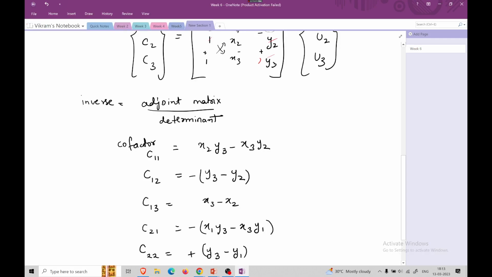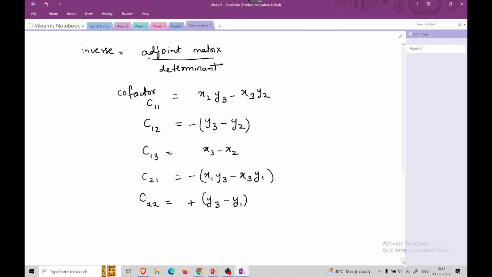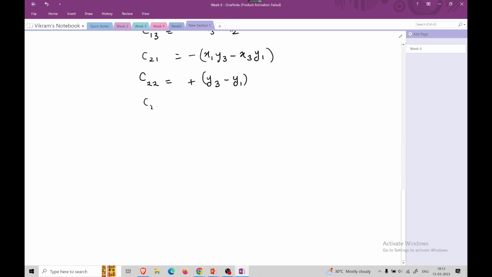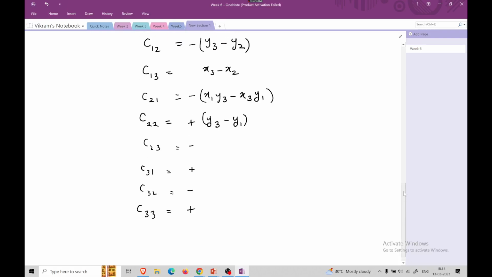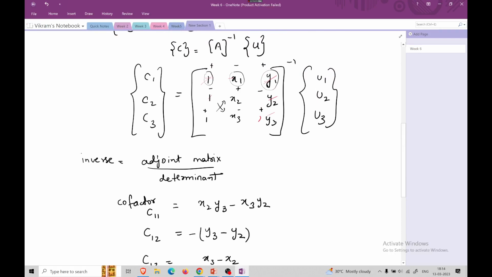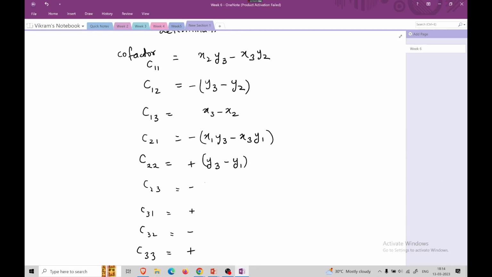Okay. So this will be negative, this will be positive, this will be negative, this will be positive. So for C23, if you ignore this row and this column, it will be x3 minus x1, so minus of that.